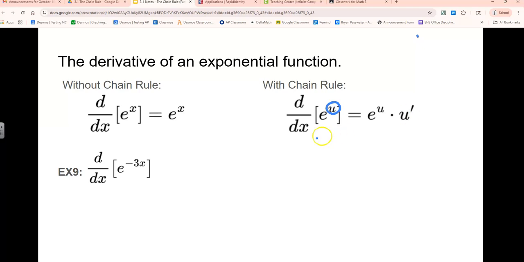So if we're looking at example 9, the outside is the e to the x, or e to the stuff part. The inside is whatever is in the exponent there.